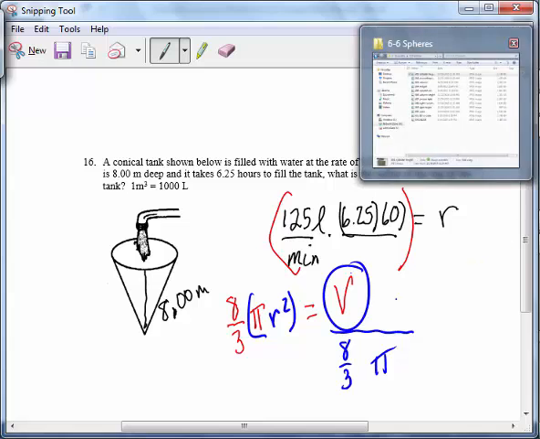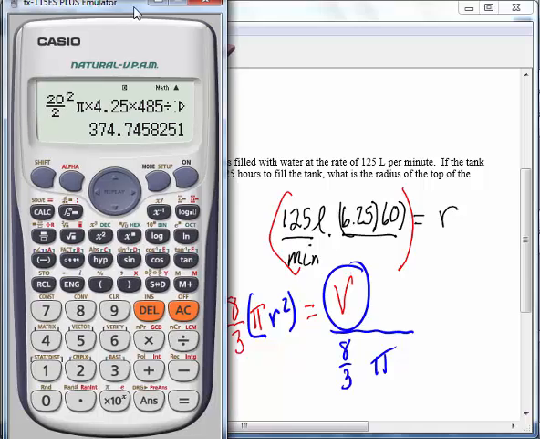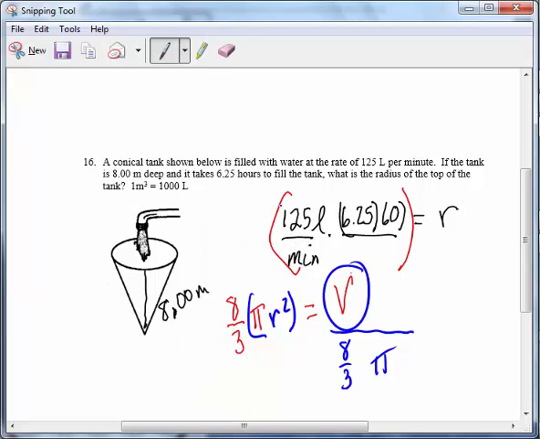But the volume is in liters, so we have to change that liters into meters first. 1,000 liters is 1 meter cubed.